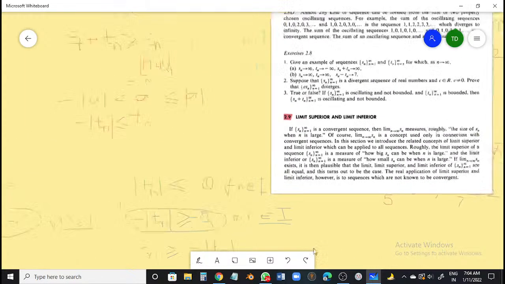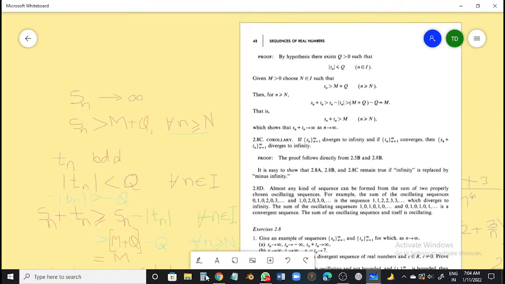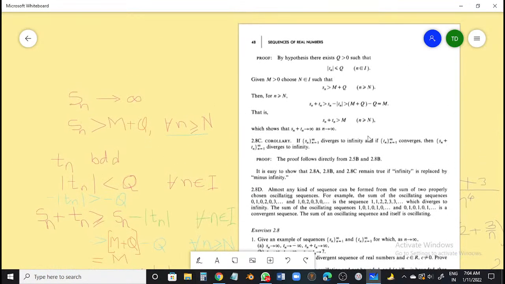Alright. Now let us come back here and let us talk about the corollary. So that will end the operations on divergent sequences. Here Sn diverges to infinity but Tn is convergent. So up till now we have handled two cases.